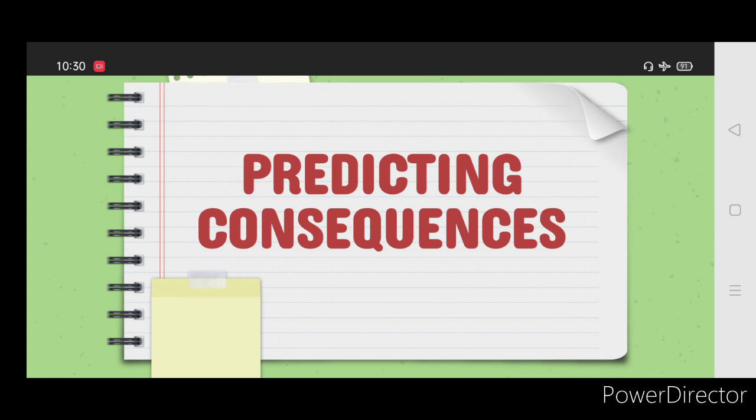Ito yung palagi kong inuulit-ulit sa inyo na in every decisions, in every actions we do, we must see to it the consequences bago natin gawin. Okay, kailangan lang that may precaution na nangyayari because there are always consequences when we take the action we think is right and when we try to be good person, and usually this include unintended as well as intended outcomes.